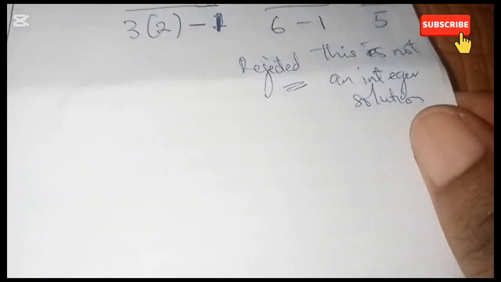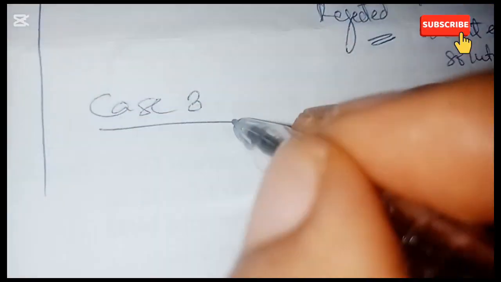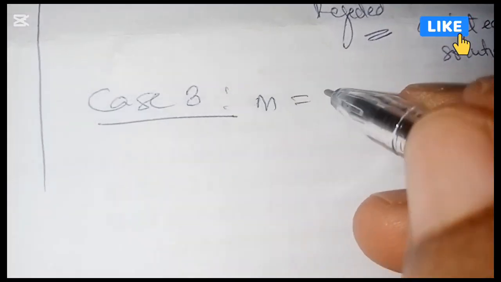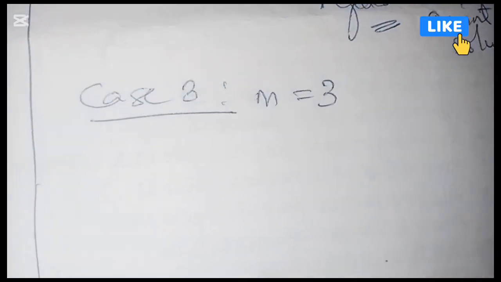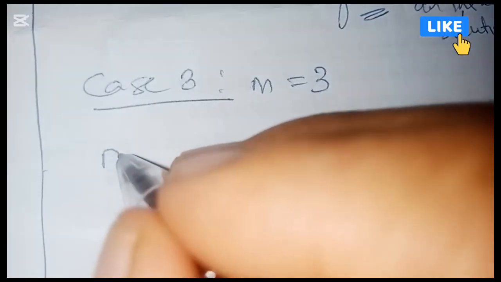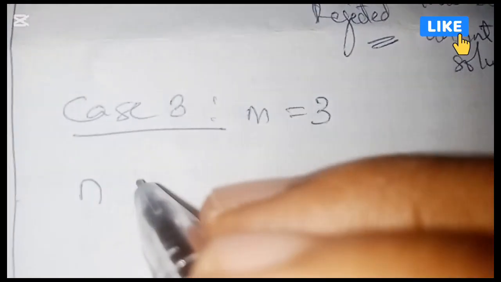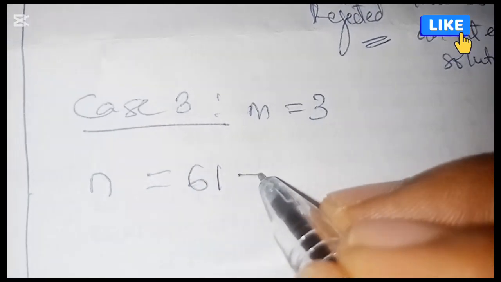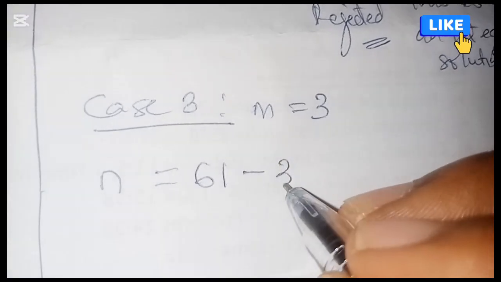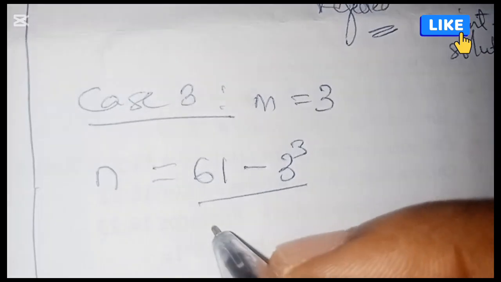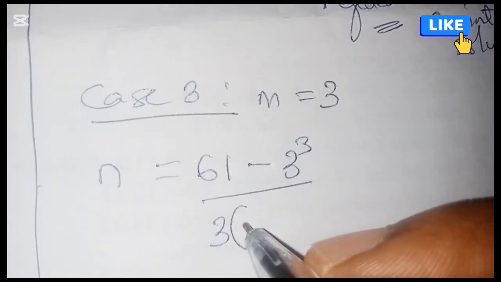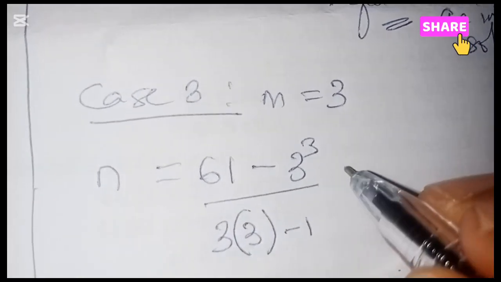Okay, so we move further for case 3, where m is equal to 3. So we have n equal to 61 minus 3 cubed all over 3 in bracket of 3 minus 1.